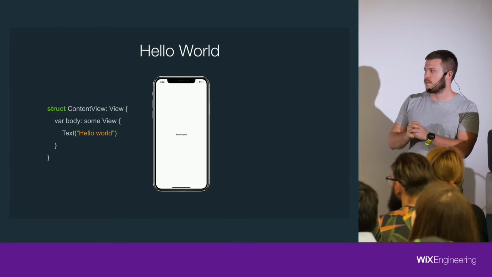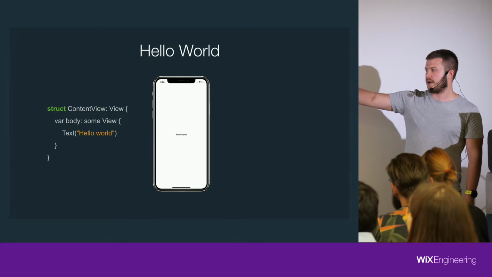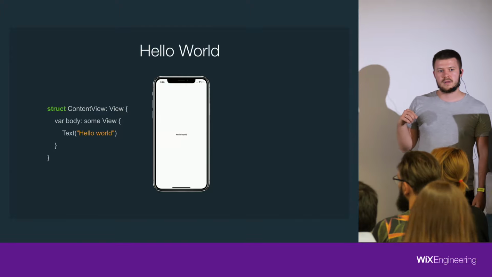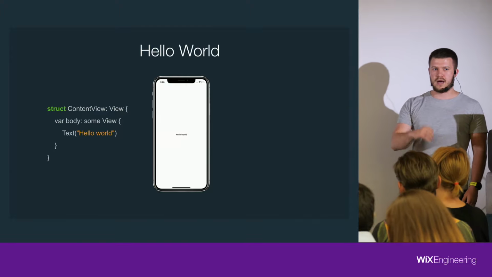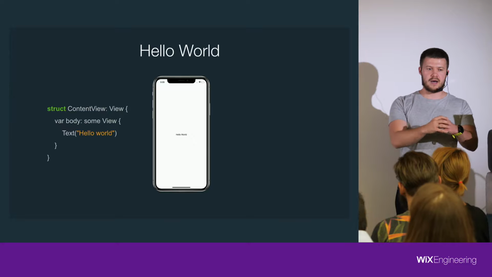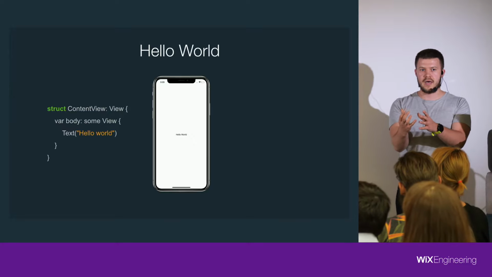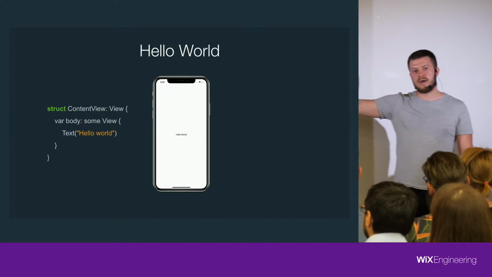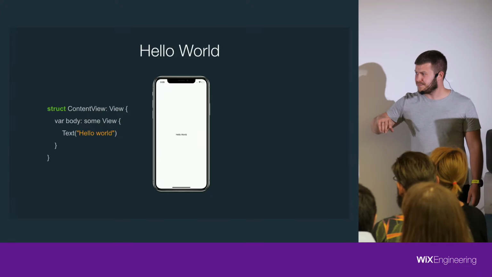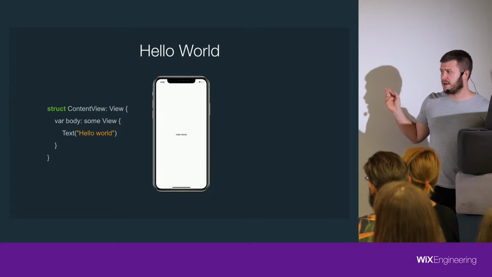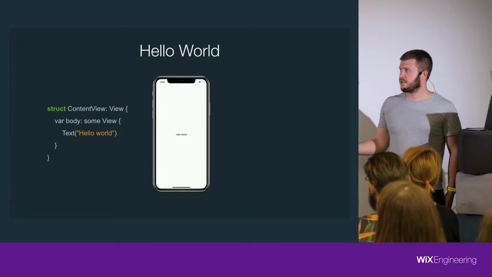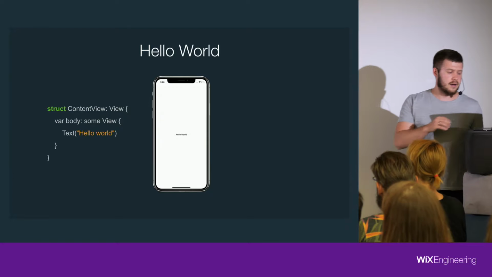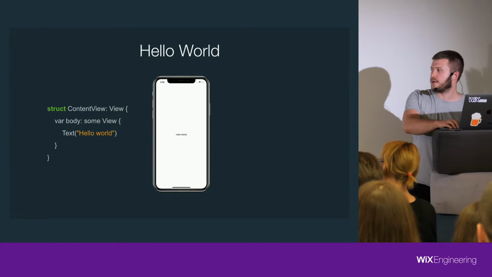We conform to the protocol View, and we have to have a property body, and we put in the text. But in composable, you only declare it. I want to use a composable function. I mark it with the composable annotation, and it does it all for you, what here we have to write. So actually, later we will discuss the disadvantages and advantages of this kind of technologies, but you really have to write more boilerplate code.